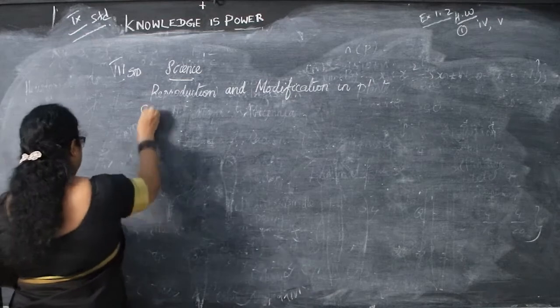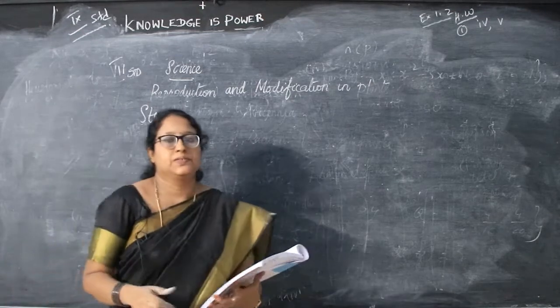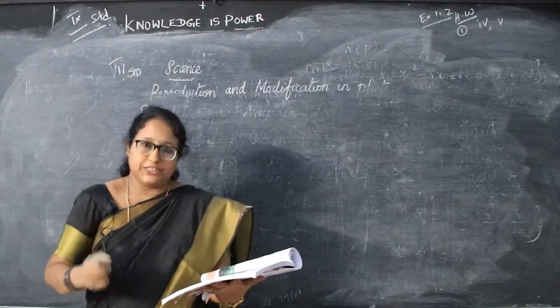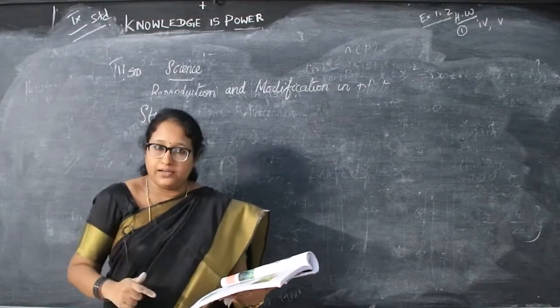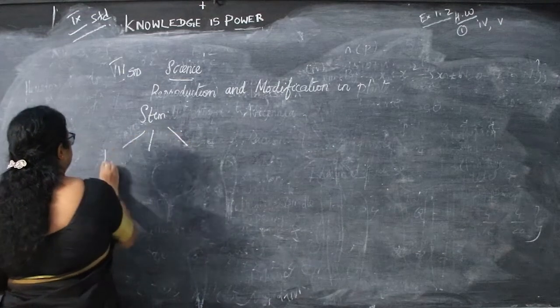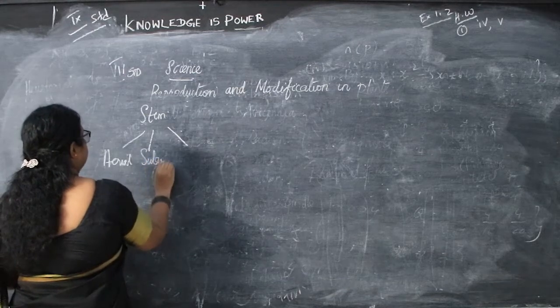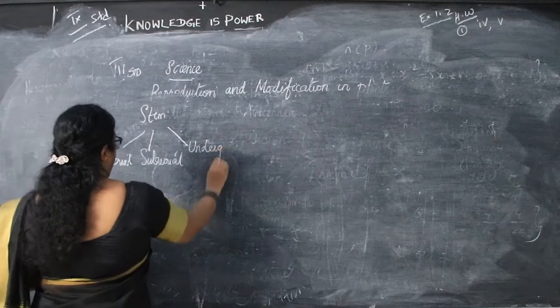Some plants have the stem modified for storing food and for vegetative propagation, and these modified stems may be aerial, subaerial or underground. So what are the three types? Aerial, subaerial and underground stems.